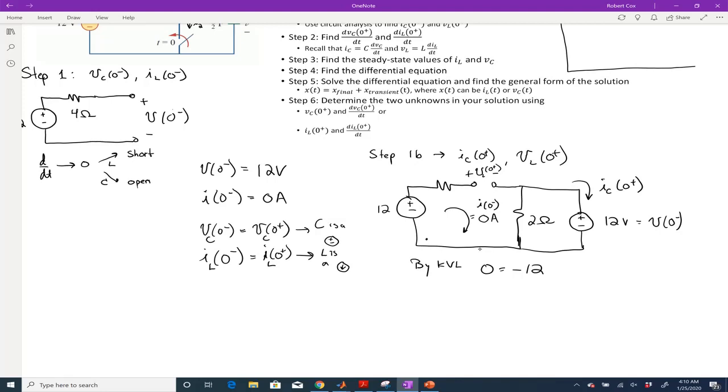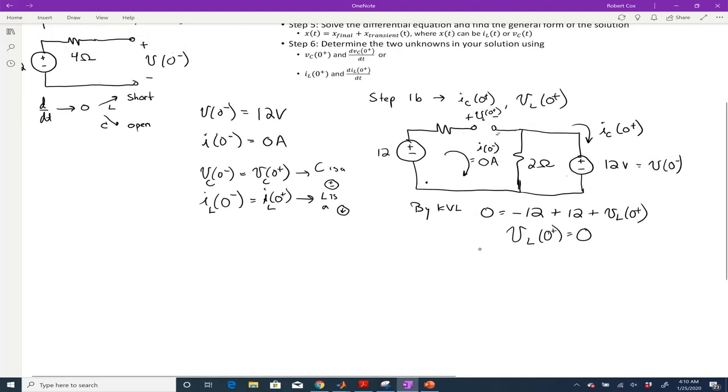And then I have 12 volts here plus V sub L of 0 plus, right? So I go minus 12 plus VL of 0 plus 12 volts. So I see that VL of 0 plus is 0.